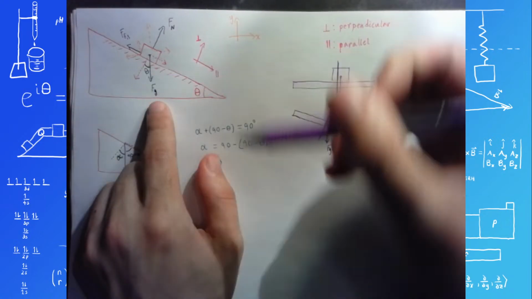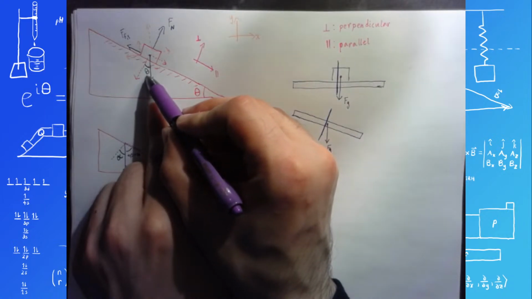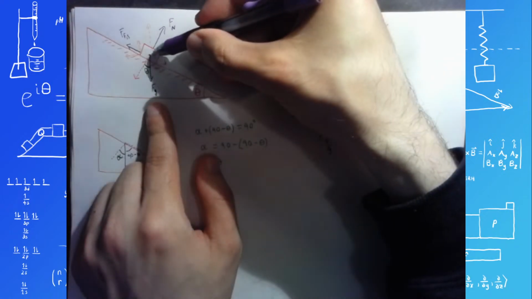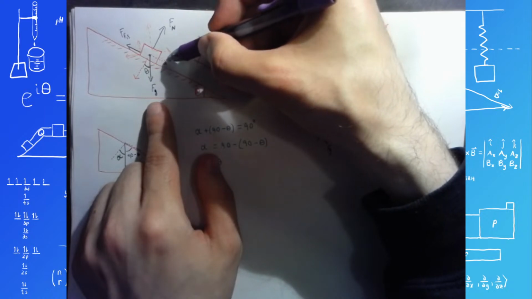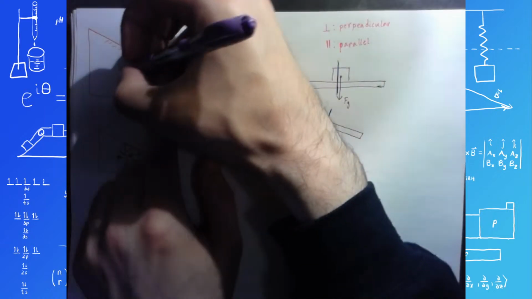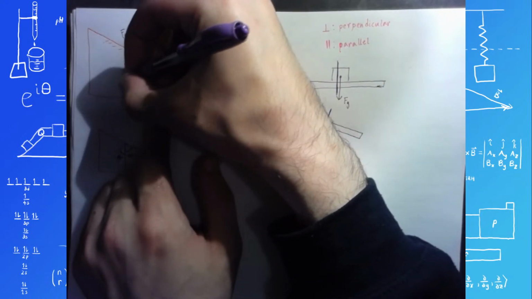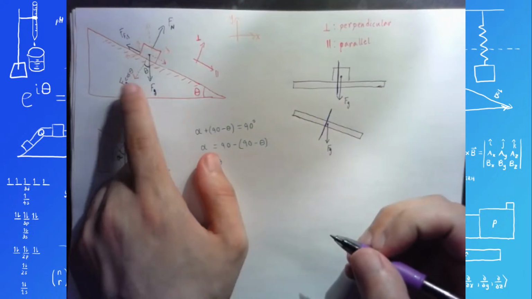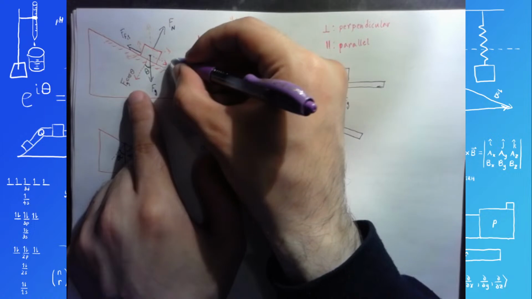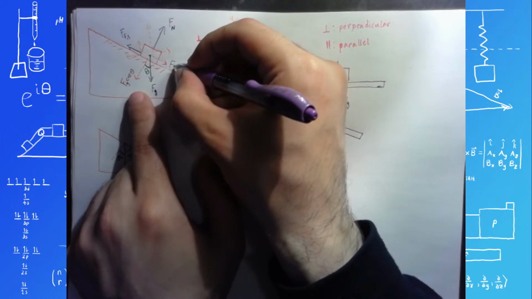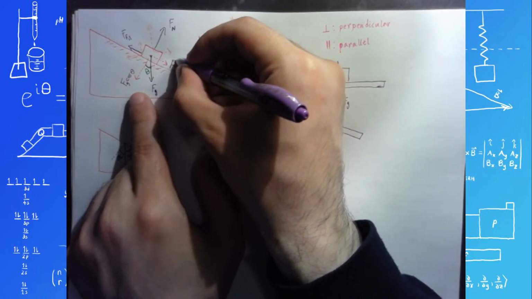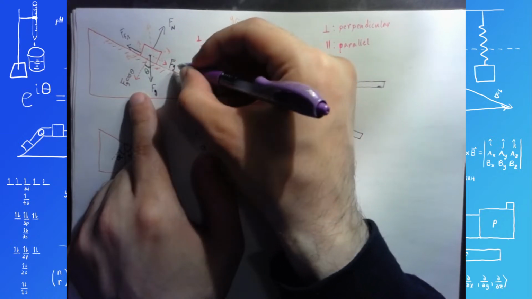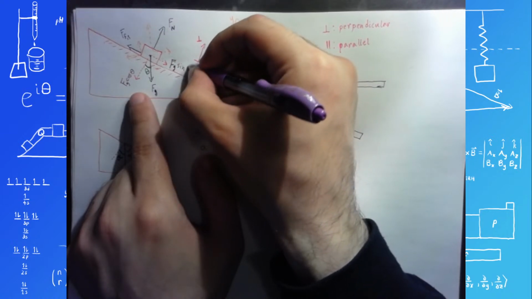This component is adjacent to this angle. So that's going to be the cosine component, while this component over here, by process of elimination, would have to be the sine component. So this is force of gravity cosine theta, and this is force of gravity sine of theta.